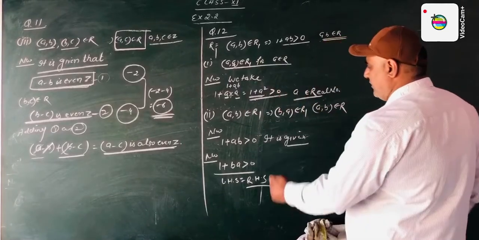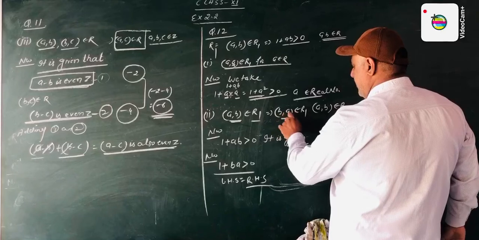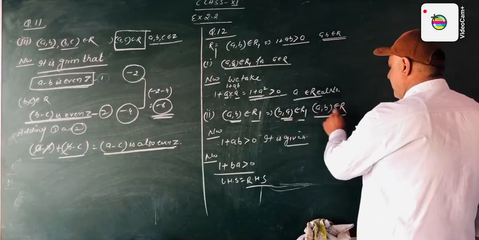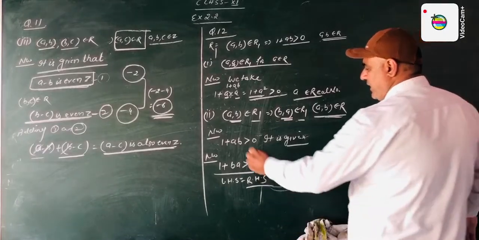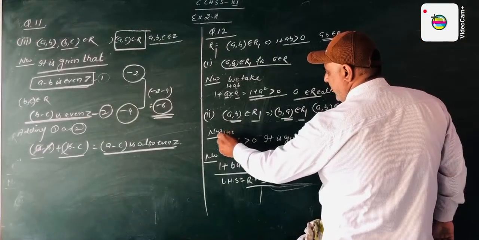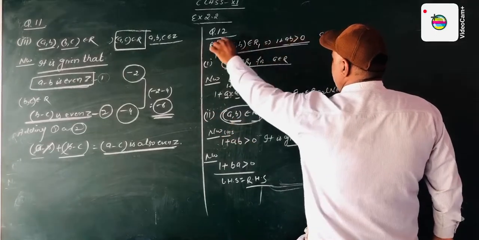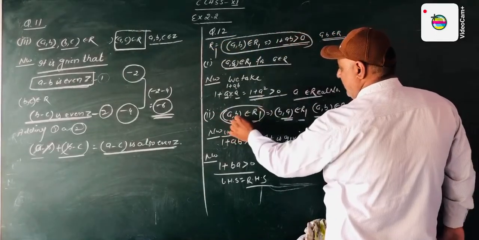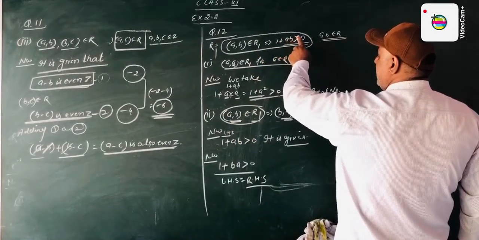Now the second part says that if A, B belong to R1, then B, A belong to R1, where A, B is a real number. Now in this left hand side, it says that A, B belongs to R1, then this is the relation. Now look here, A, B belong to R1 implies 1 plus AB is greater than 0.